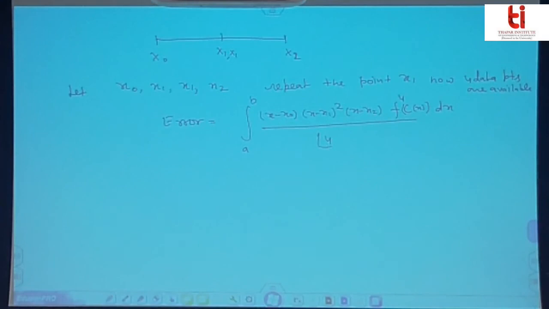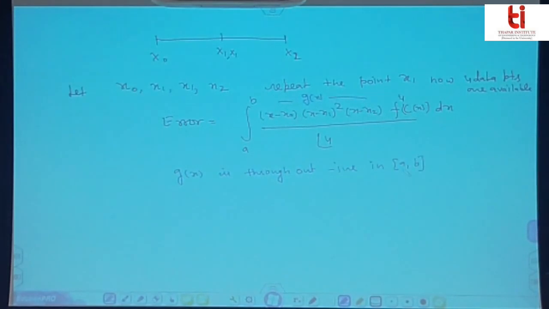Now what is the new g(x)? This is your new g(x). Now if you are checking, g(x) is throughout negative in the interval a to b.